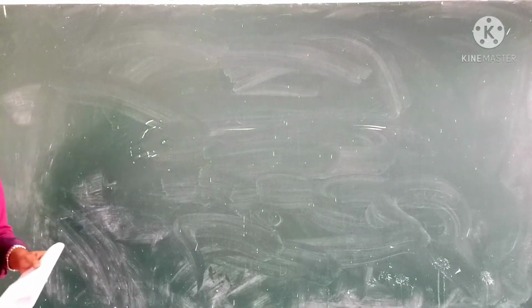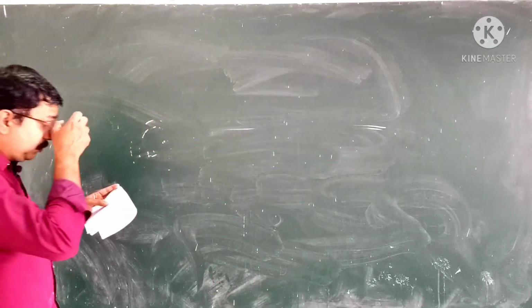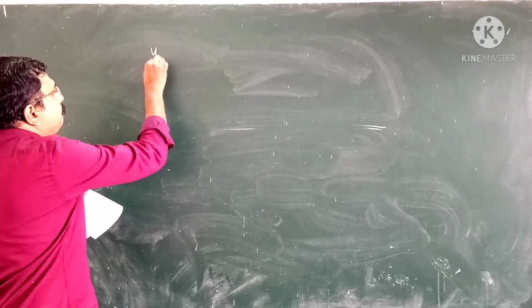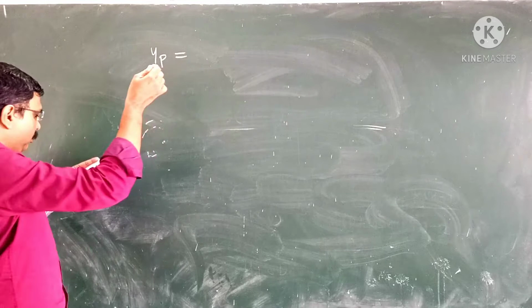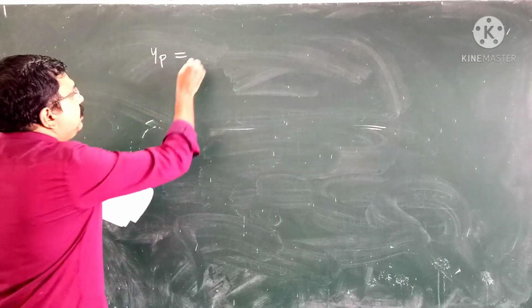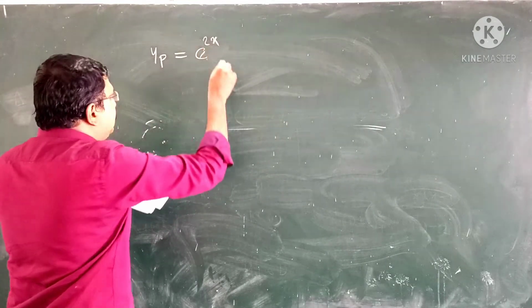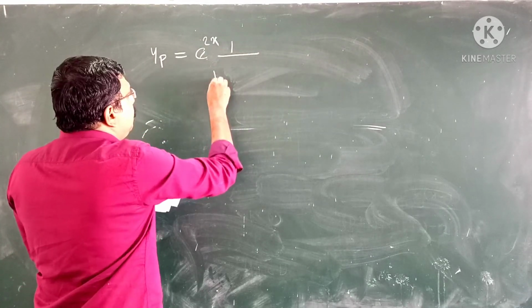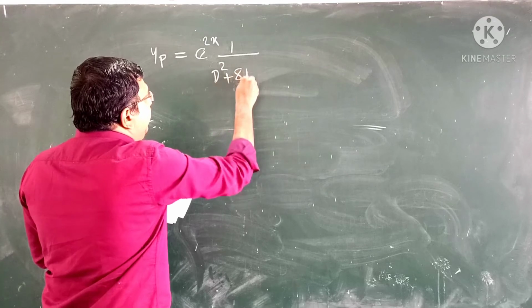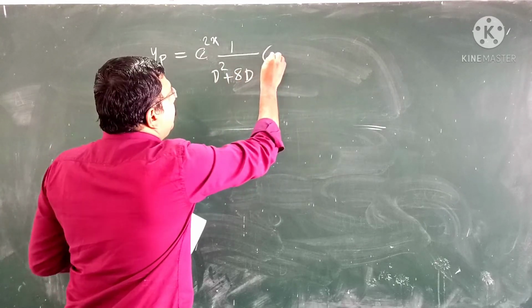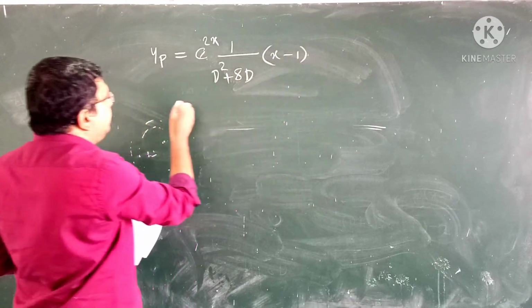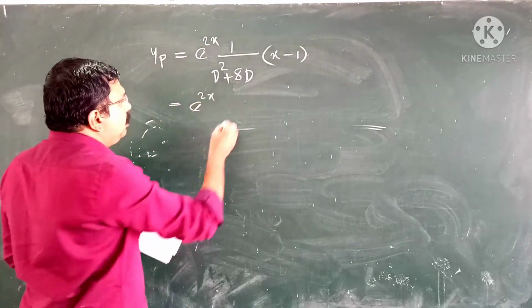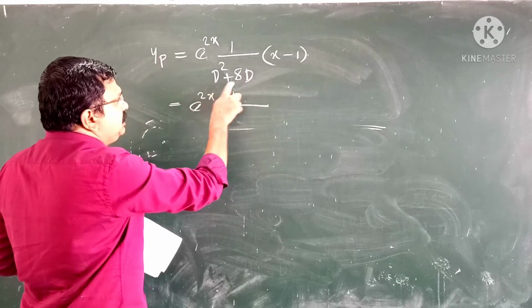Our next step is, listen: yp equal to e^(2x) into 1 by D² + 8D into x − 1, that is equal to e^(2x) times 1 divided by D² + 8D.